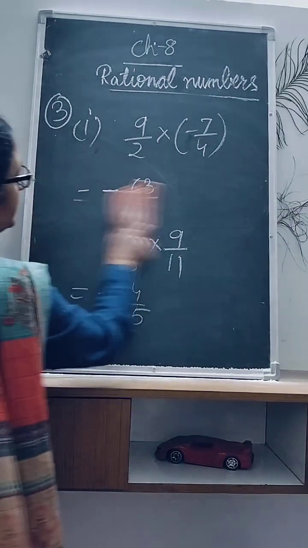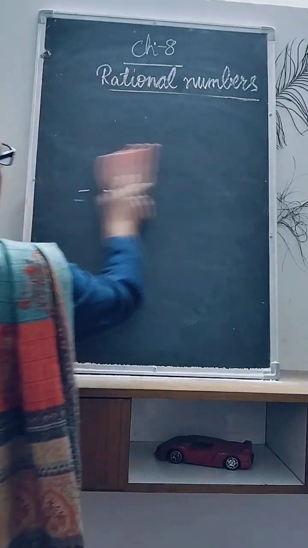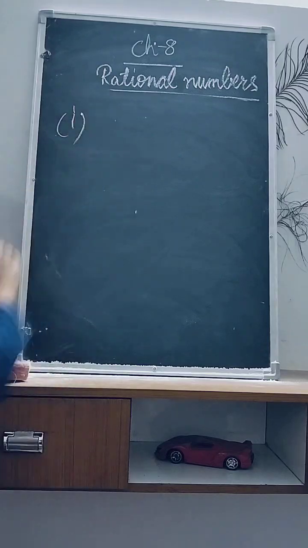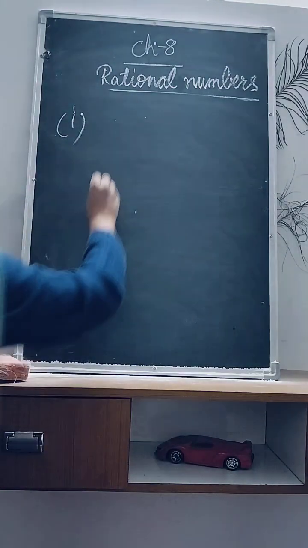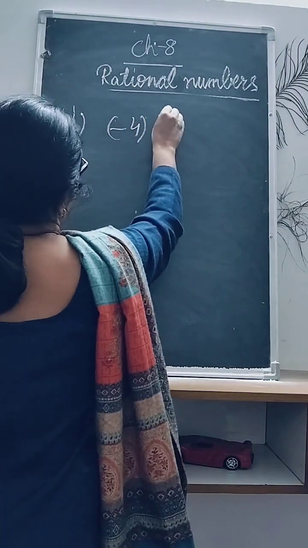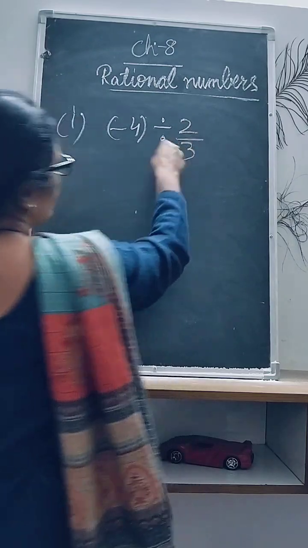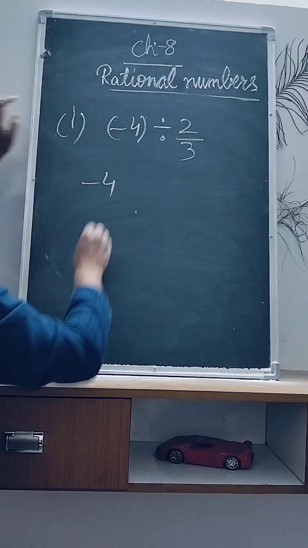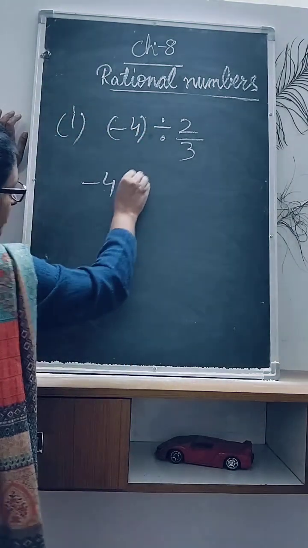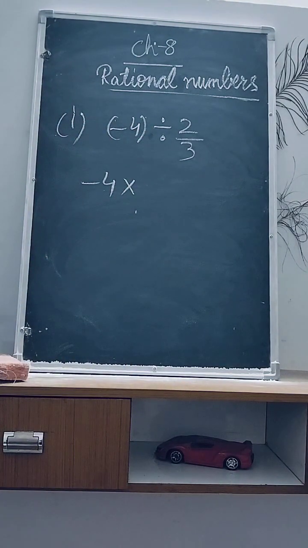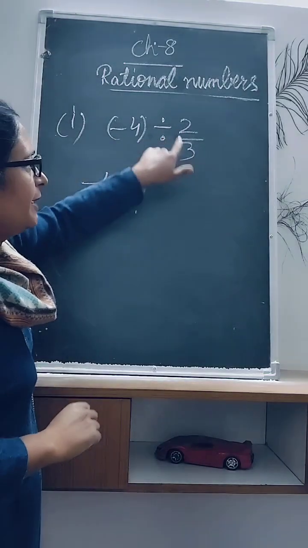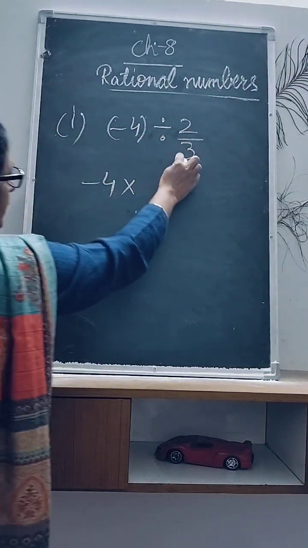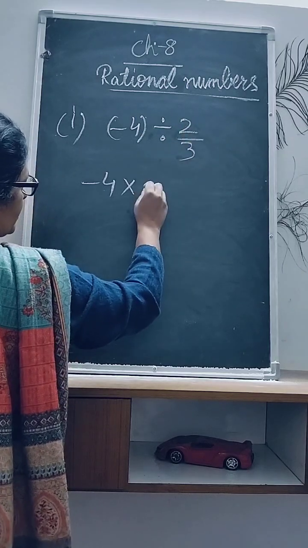Okay. Now let us do question number 4, where the division sign is written. Now here we have to take care: minus 4 divided by 2 by 3. Now students, here we have to take minus 4. Division will change to multiplication. Once we change the division into multiplication, it will reciprocate. Reciprocate means instead of 2, 3 will come and 3 will come in the place of 2.